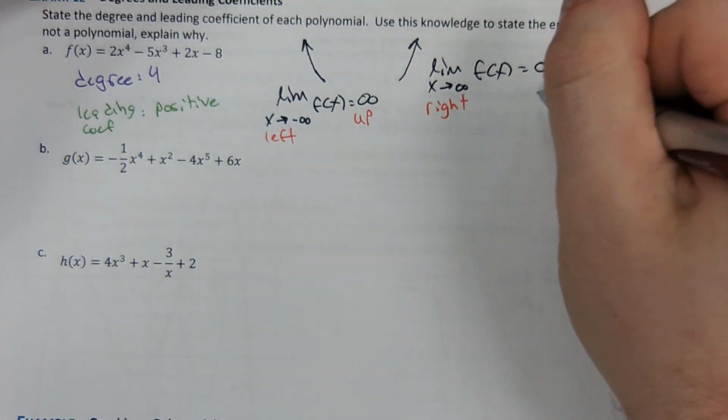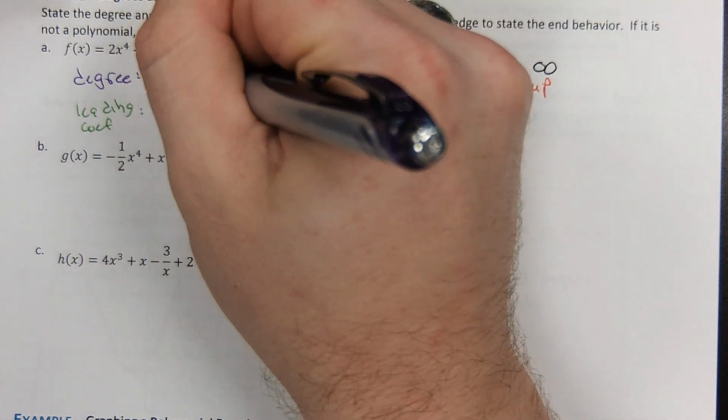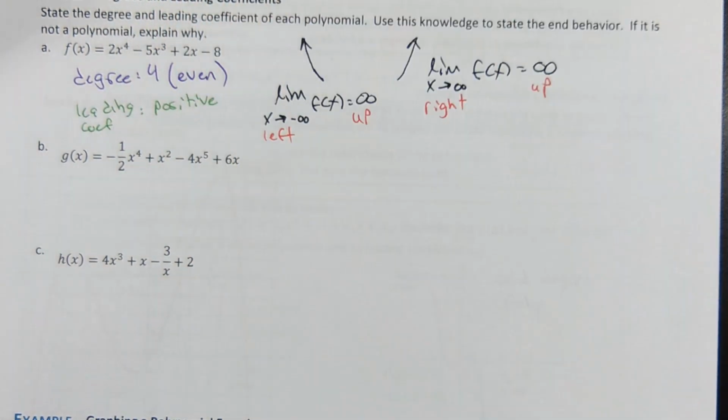That's right. And that's up. There it is. I forgot to write that this is an even number. Because for now, all we care was whether was it even or not.